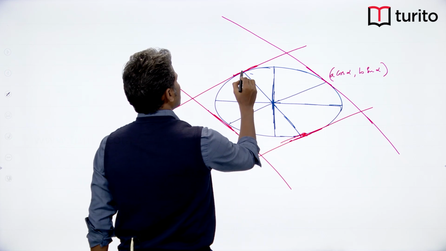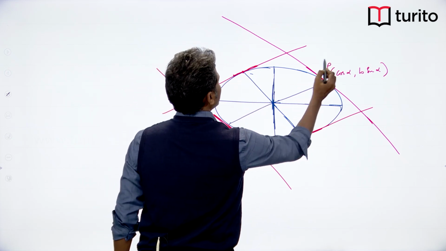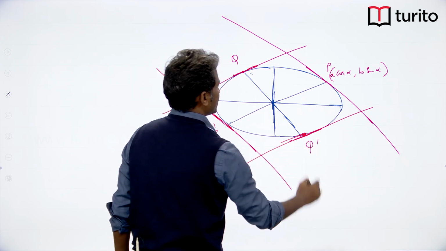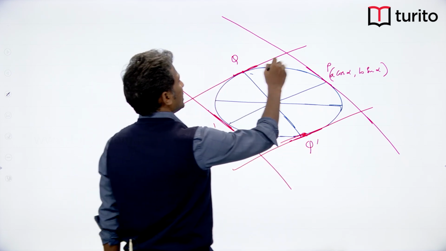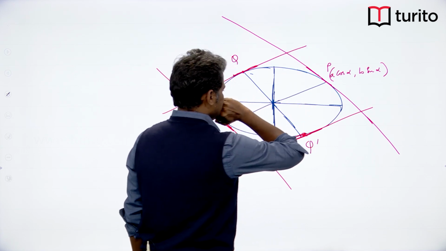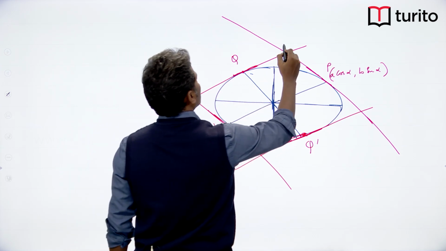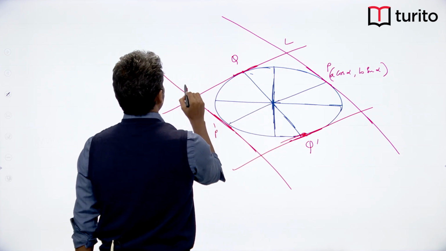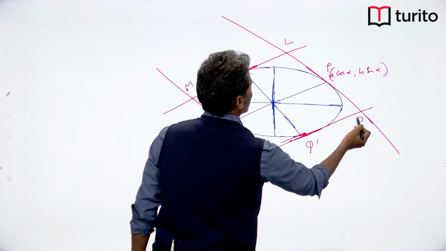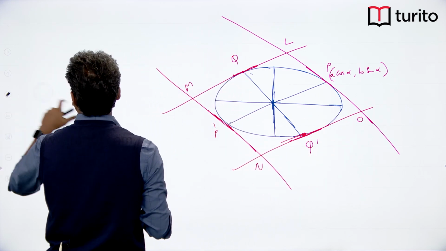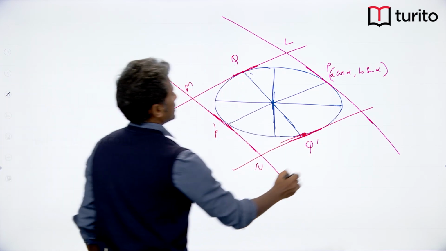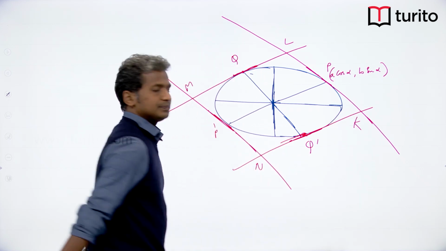So that means, let us say this is P, this is Q, this is P dash, this is Q dash, and we can take this parallelogram as K, L, M, N. O generally we use for the origin, so let us take this as K. Okay, so it is KLMN.